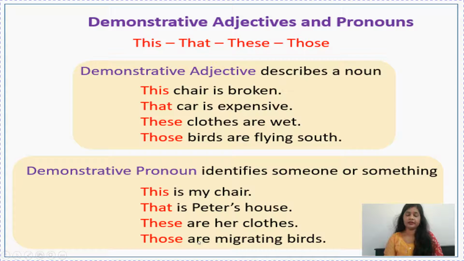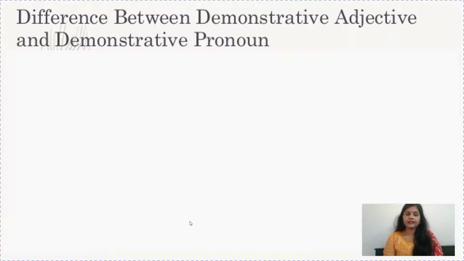Again, those is followed by a helping verb, so those will become a demonstrative pronoun. And one more thing, children, when you are using this and that, you will use a singular verb like is, and when you are using these and those, you will use a plural verb like are. These things you know. Now let's see some more rules, like what are the other rules to be followed.